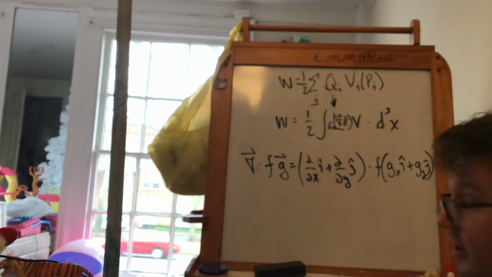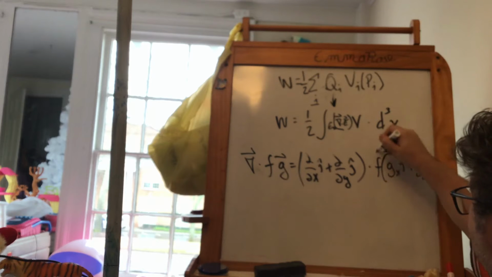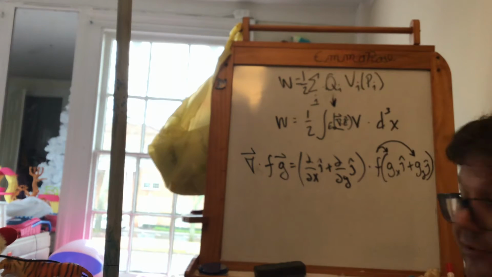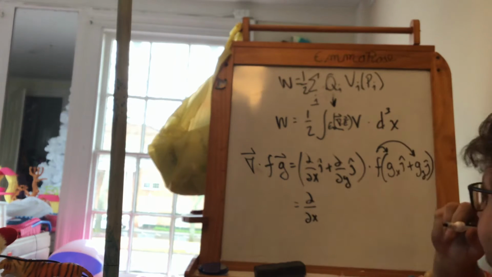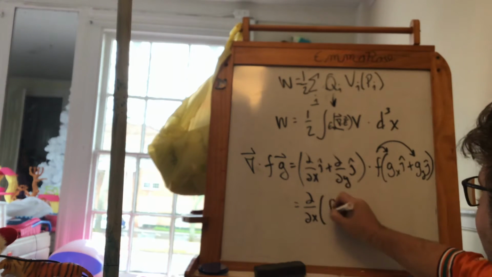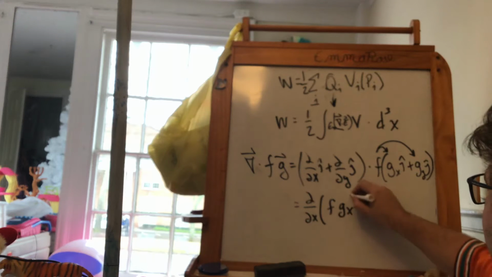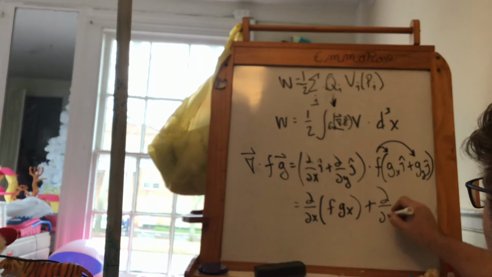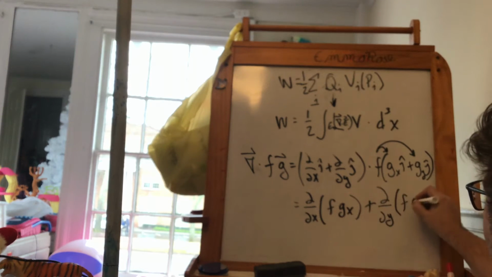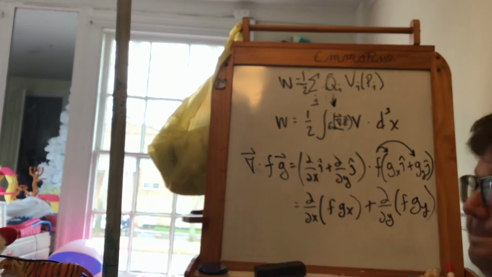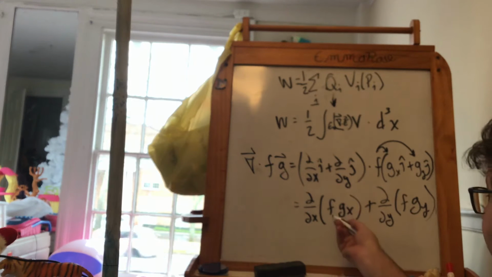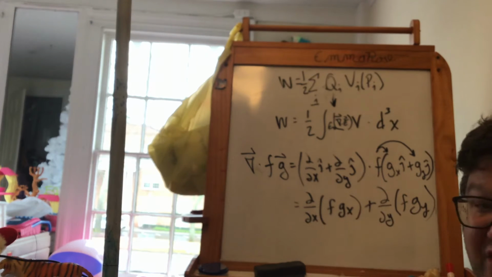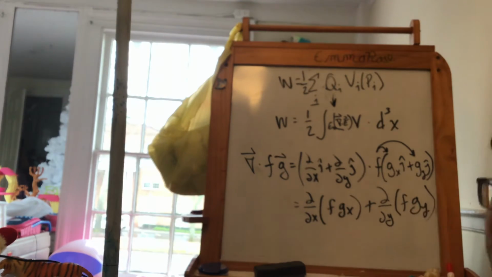f is a scalar, and when I distribute this in, it's going to be in on both terms. So I'm going to have d/dx of f g_x plus d/dy of f g_y. Okay? And now, since both f and g_x could depend on x, I have to use the product rule. The same thing here with f and g_y.